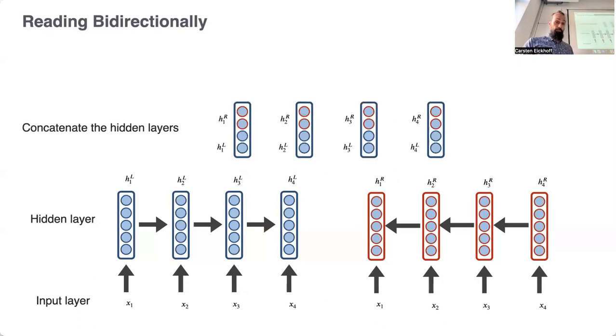Okay, and now what we're doing is what comes out of these hidden representations here. So my hidden representation at having read only the leftmost word and having read only the rightmost word, and the rightmost followed by the next and the leftmost followed by the next, I'm concatenating those. So this guy here and this guy here, concatenated. The second one and the second one concatenated, third and third concatenated, and so on.